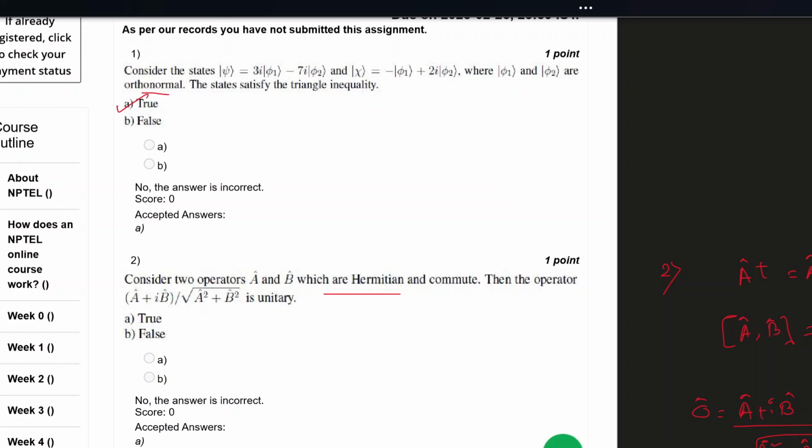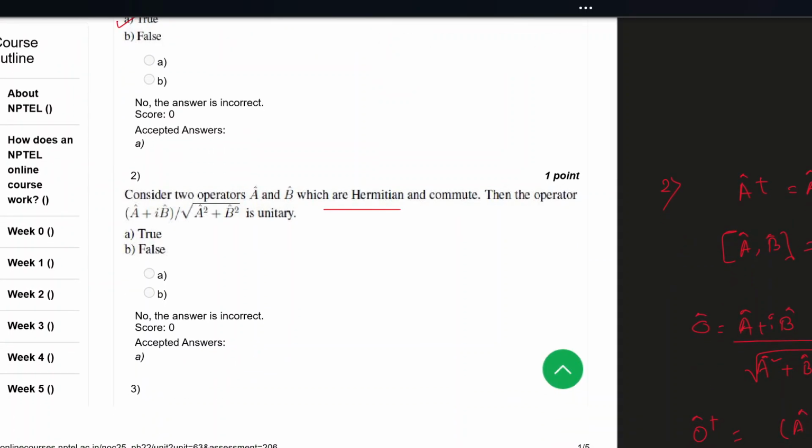Now, you already know O. So, what will be O dagger? So, O dagger will be A plus iB dagger. Now, this thing A squared plus B squared, the dagger operator does not do anything on this, so this remains the same, right? So only the dagger operator operates on the upper term, so let's say first of all take the whole dagger, because this is the whole operator's dagger, which will be like A dagger minus i B dagger, because i becomes minus i under dagger and A and B individually take the dagger sign.